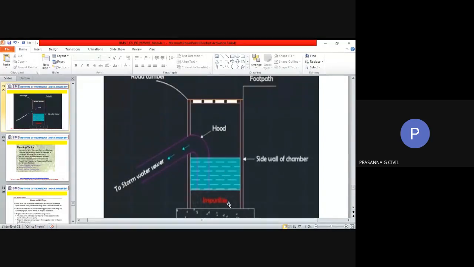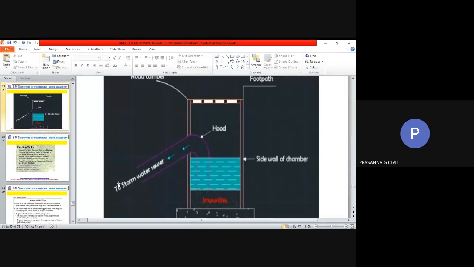It settles down here, and only the clear water goes by. This is called a hood because it allows the water to rise and then go, so that none of the impurities present in your storm water will enter into the storm water sewer. In periodic time, these impurities can be dredged out and cleaned from the chamber.